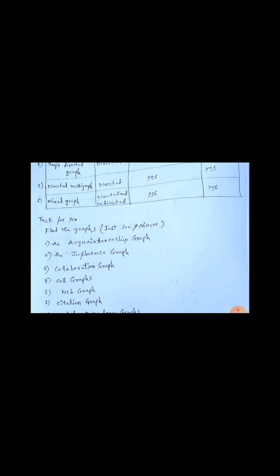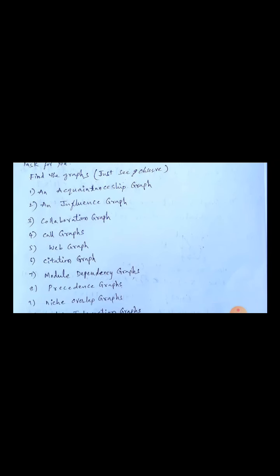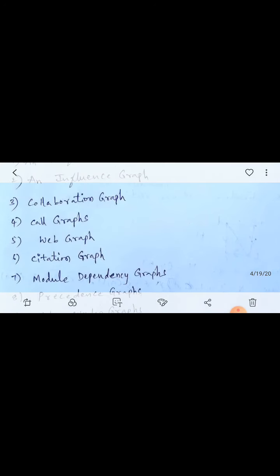Okay, then a task for you: find the graphs, just see and observe, that's all. Nothing else to do. Just type these words in Google, I mean these types of graphs, and see how they look.